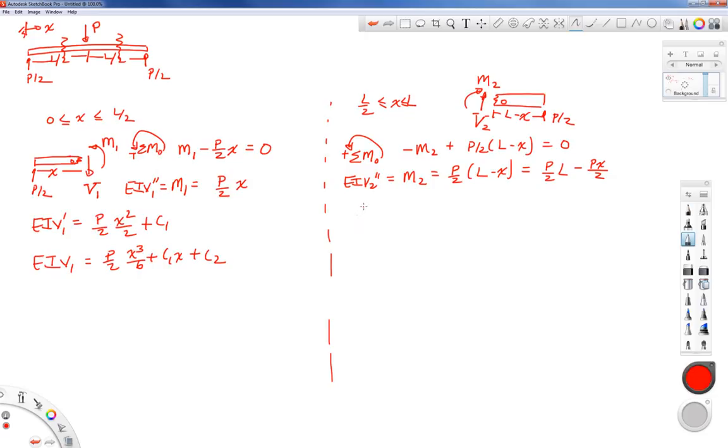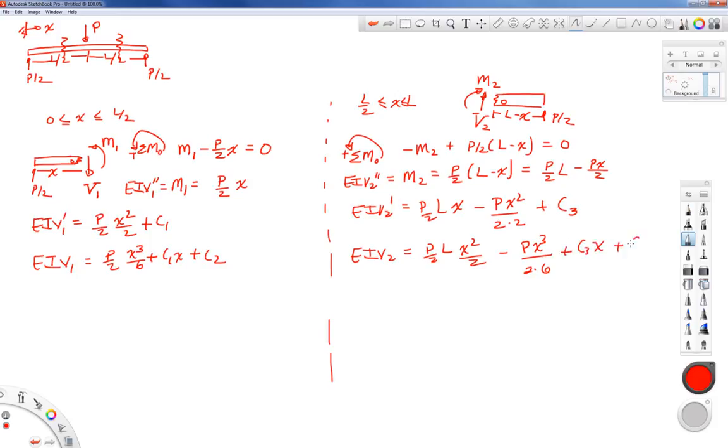Over here, I'm going to have EI v2 prime is equal to P over 2 L x minus P x squared over 2 times 2 plus another constant of integration that I'm going to call C3. Integrate it again. P over 2 L x squared over 2 minus P x cubed over 2 times 6 plus C3 x plus another constant of integration, C4.